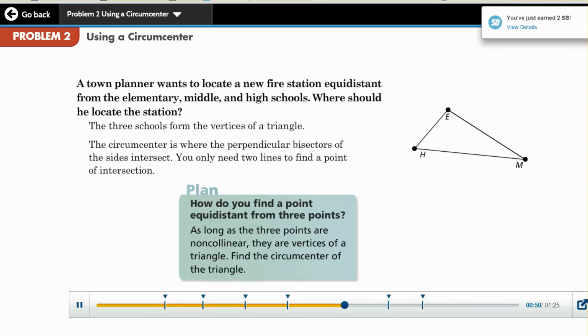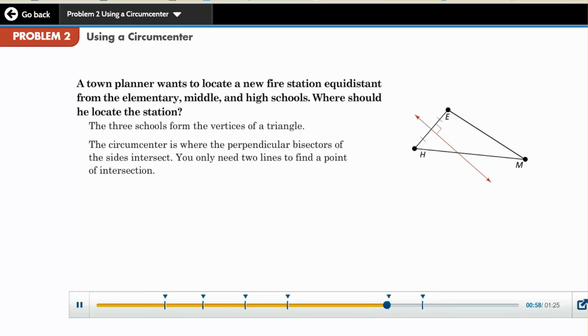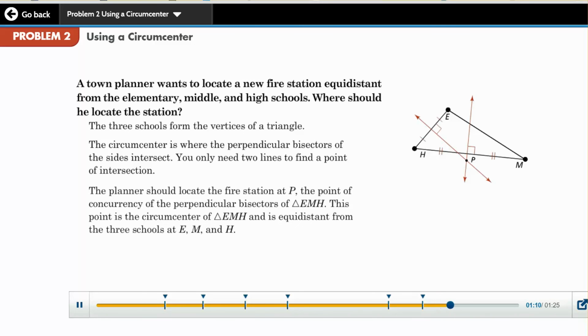Draw the perpendicular bisector of segment HE. Now draw the perpendicular bisector of segment HM. The planner should locate the fire station at P, the point of concurrency of the perpendicular bisectors of triangle EMH.